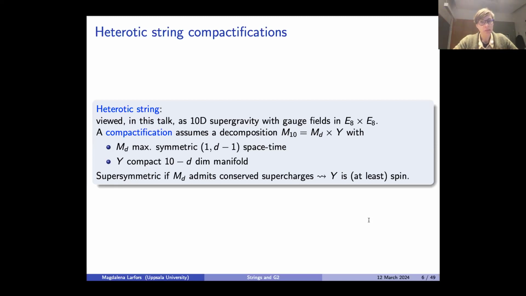So it has to be spin. And if we want minimal supersymmetry in the lower dimensions that we're going to, so 3 dimensions in our case, then we want the internal manifold to have one nowhere vanishing spinor. And this singles out the G2 manifolds for us. So supersymmetry tells us that we need spinors in the theory, and we need those to be well defined. So we need manifolds that are spin.